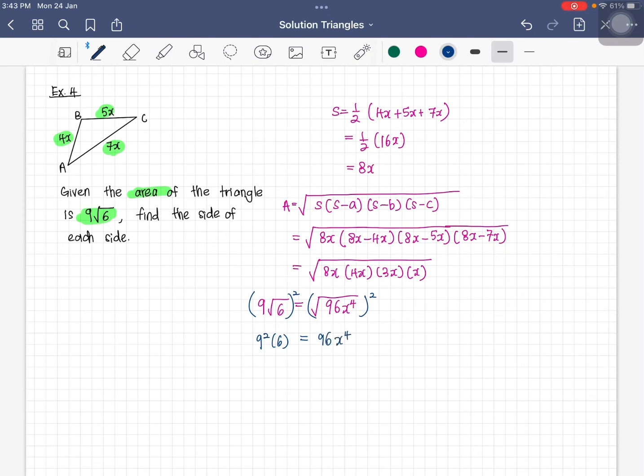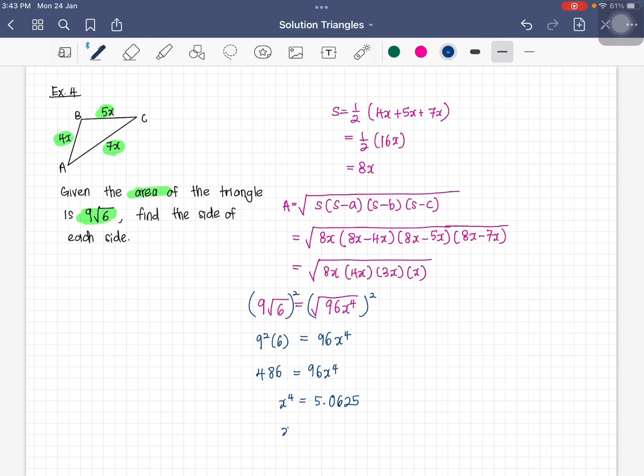9 squared multiplied by 6, I've got 486 equal to 96x to the power of 4. Therefore, x to the power of 4 should be given by 486 divided by 96. I've got 5.0625.